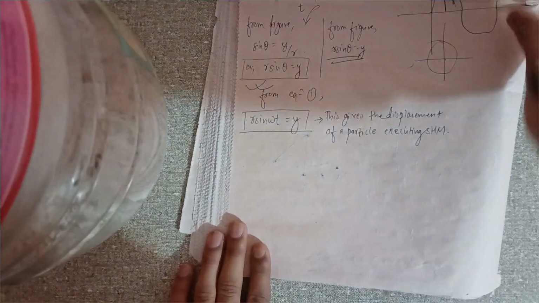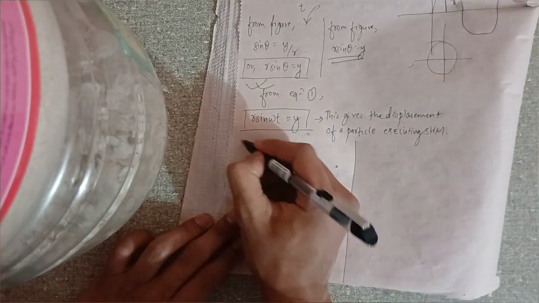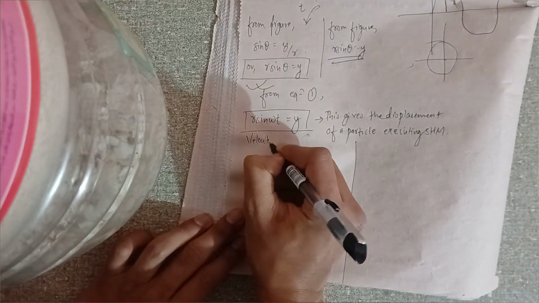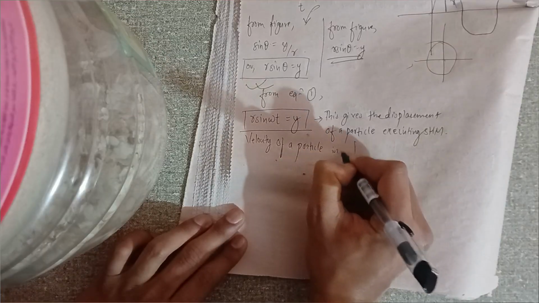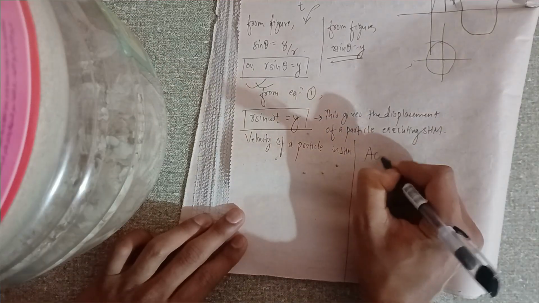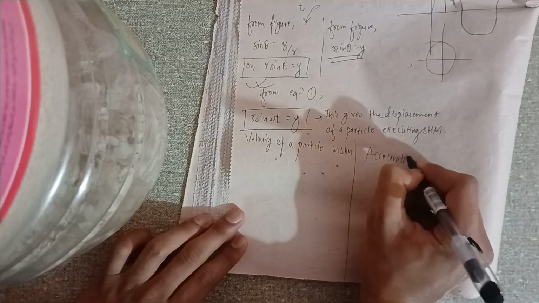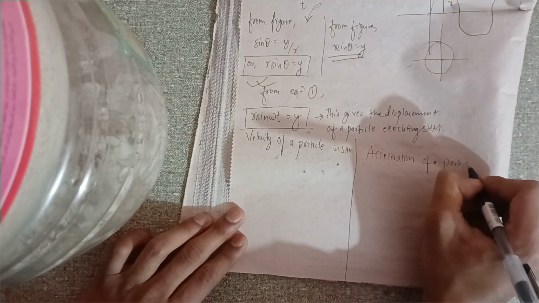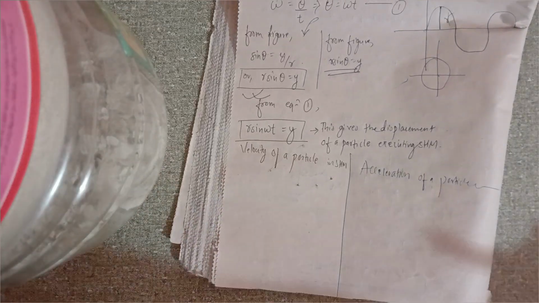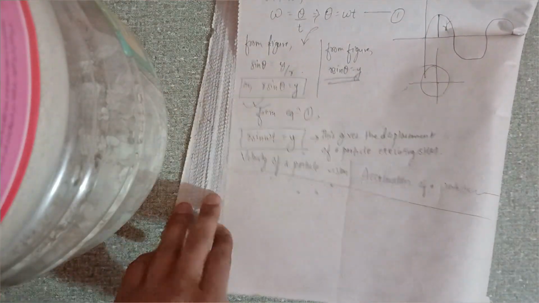This is the easiest thing you'll ever see. Velocity of a particle in SHM and acceleration of a particle in SHM. Okay, how do we do these?